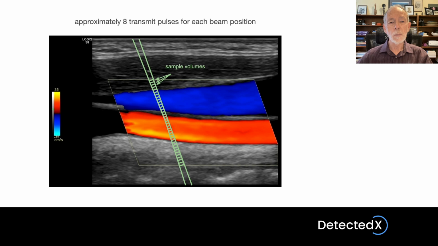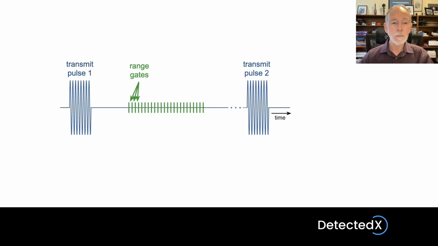Compare this with pulse Doppler with the spectral display, where information from approximately 128 successive transmit pulses is used to acquire the Doppler information. You can see an enormous difference. This is one of the biggest shortcuts, that in Colour Doppler, the number of pulses used to acquire the Doppler information for each point is very much smaller than it is for spectral pulse Doppler.